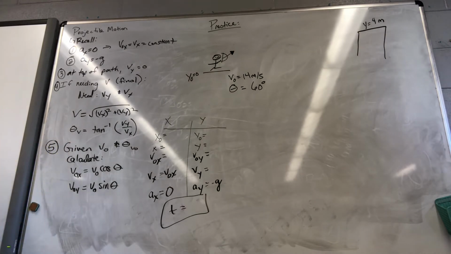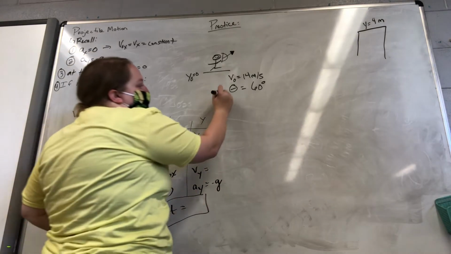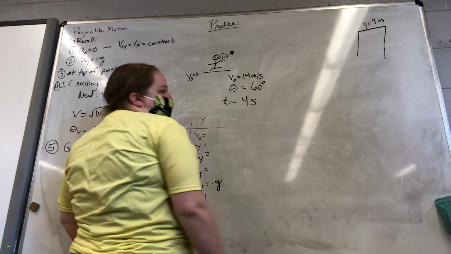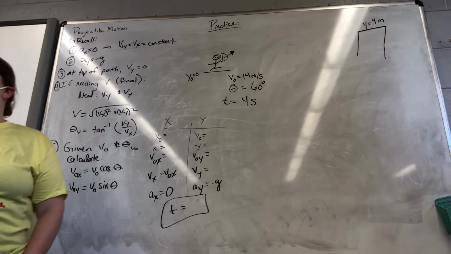The arrow flies and lands after 4 seconds. Where is the arrow?